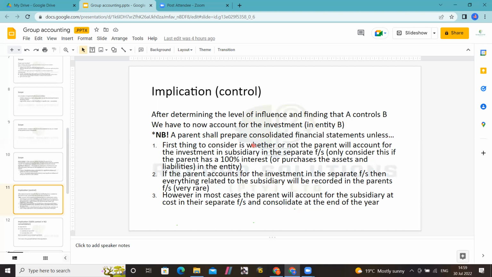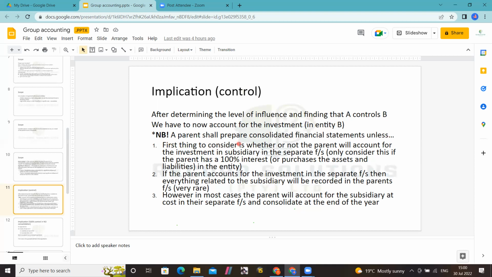What's important is the first point: we first determine control, and we determine that the entity we control is actually a business.